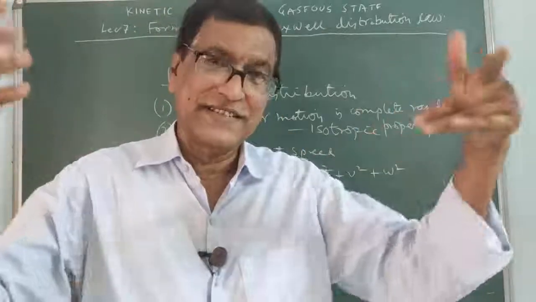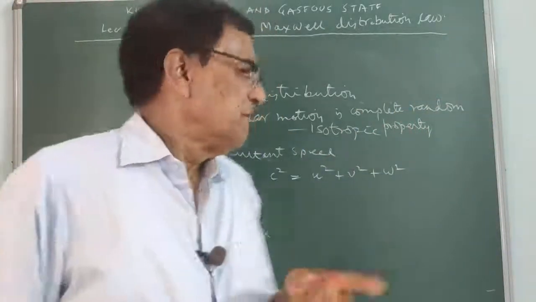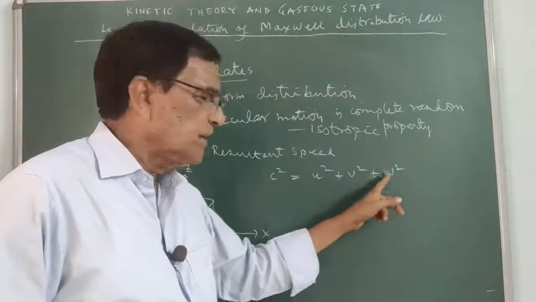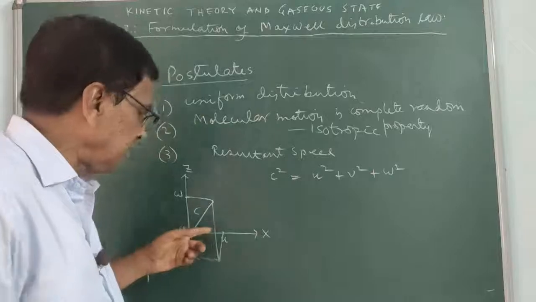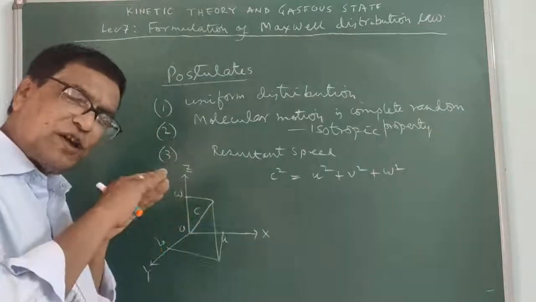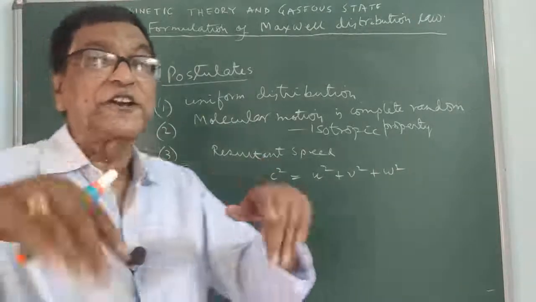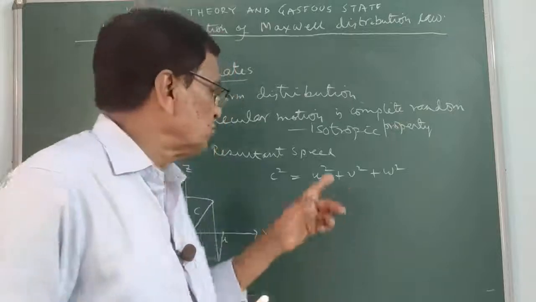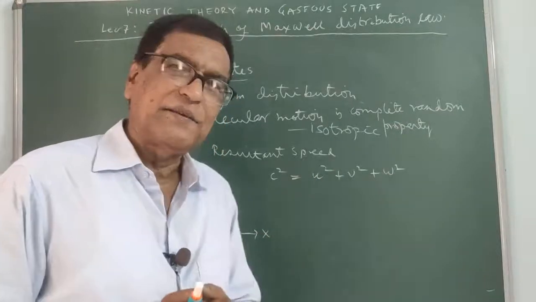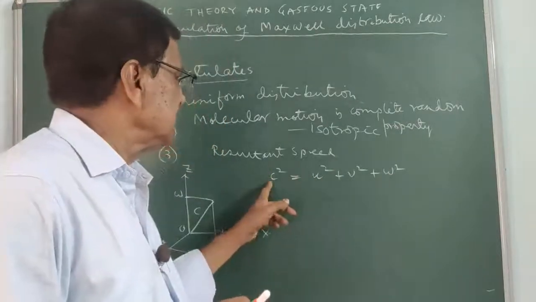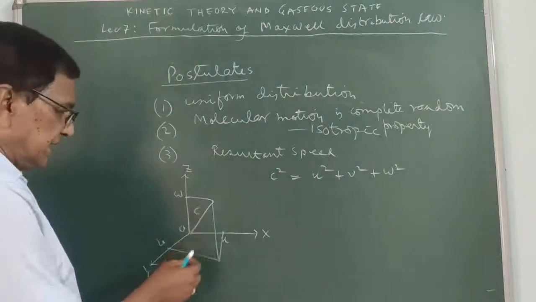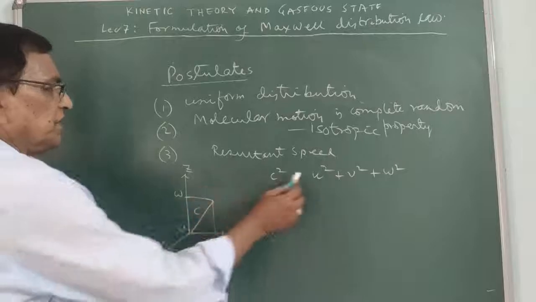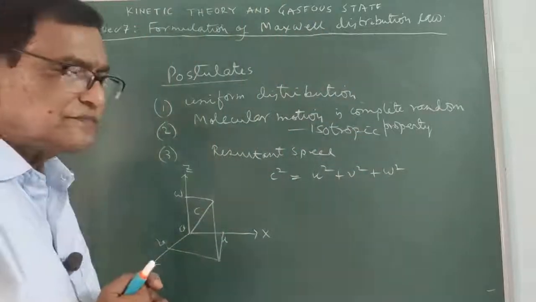In all directions it can move. But u, v, w, they are velocities. They have the magnitude and also a particular direction, vector quantities. So u, v, w are the velocities, and c is the resultant speed. c can be connected with u, v, w in this manner.